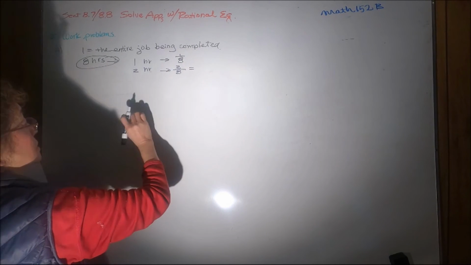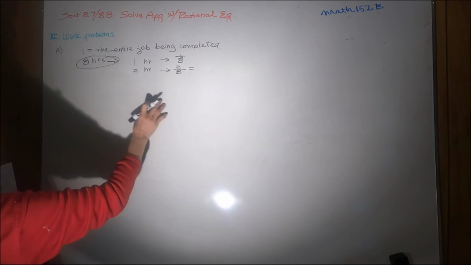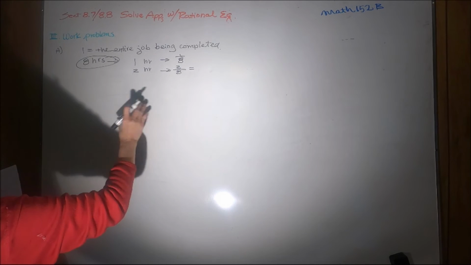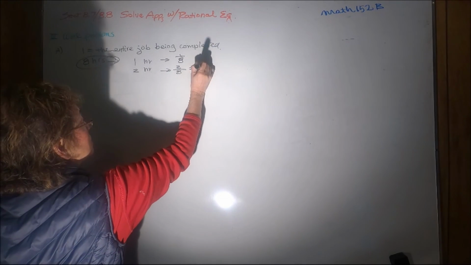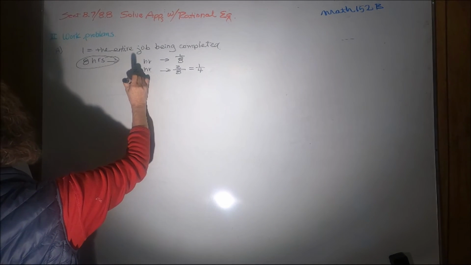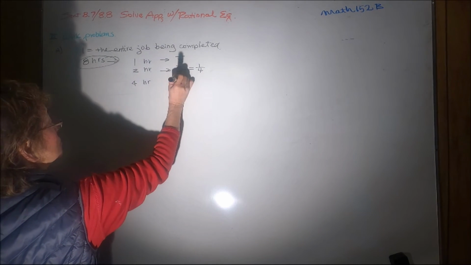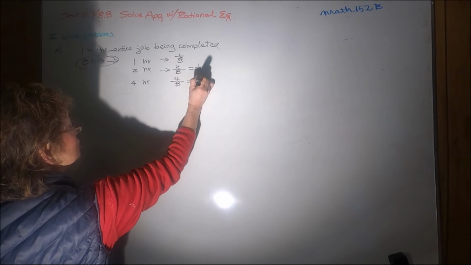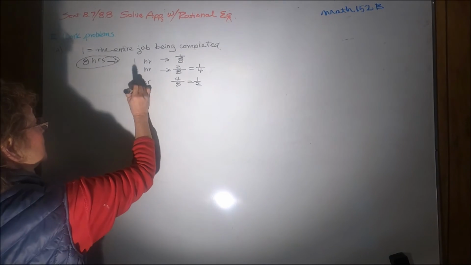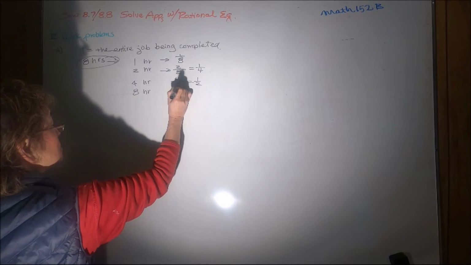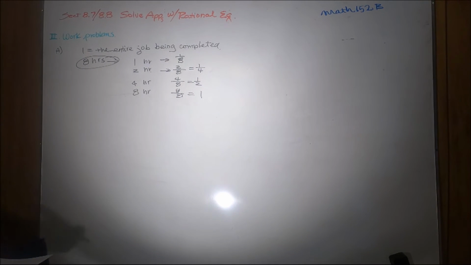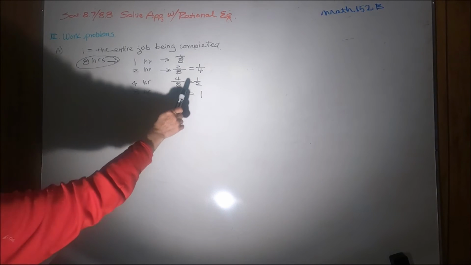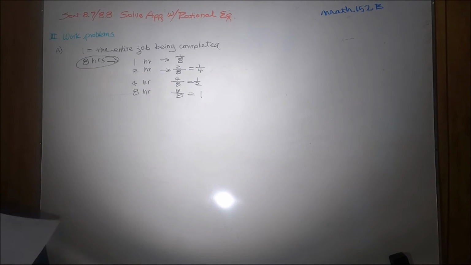Because 1 hour, whole thing is 8 hours, for one job. Then in 2 hours, you can only do a quarter, right? If it's 4 hours, you will finish half of the job, right? If it's 8 hours, you can finish the whole thing, right? You can finish quarter, half, and the whole thing.